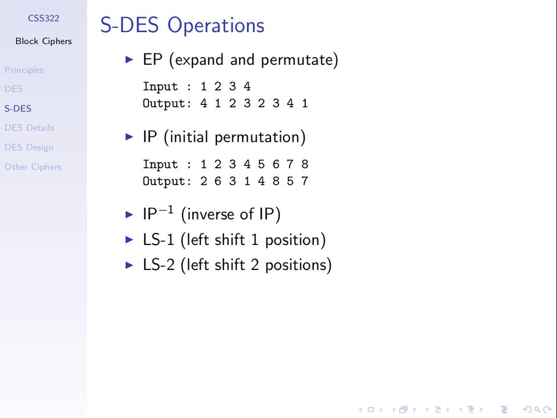IP bits 2, 6, 3, 1, 4, 8, 5, 7. That's the result from the initial permutation.